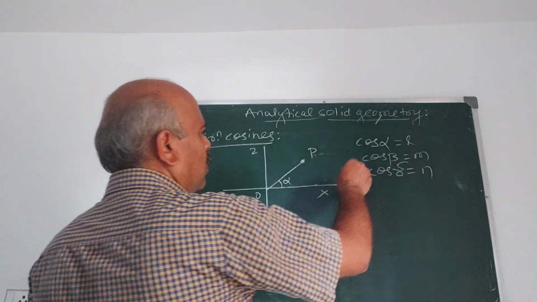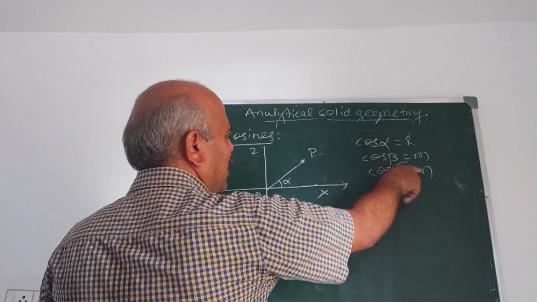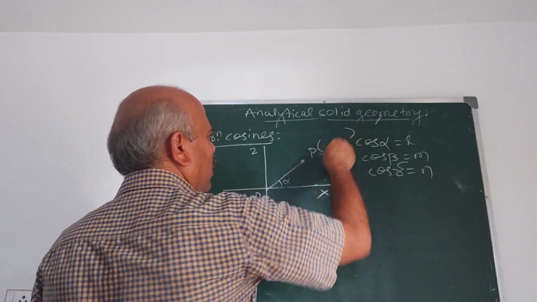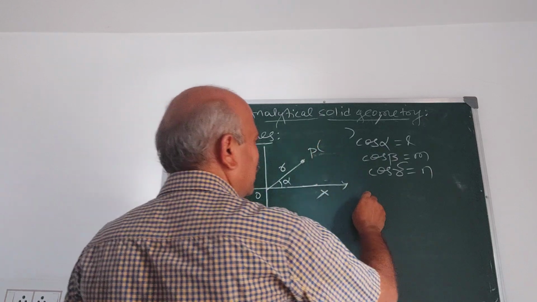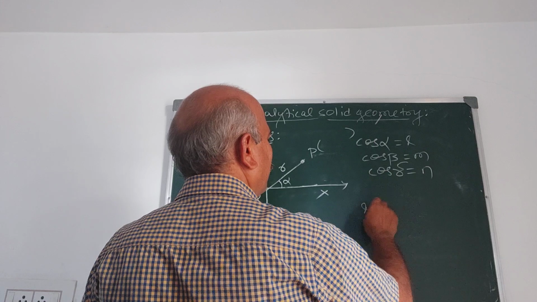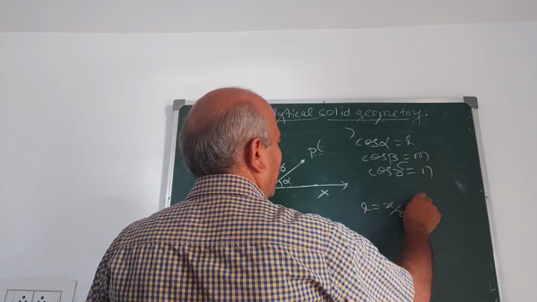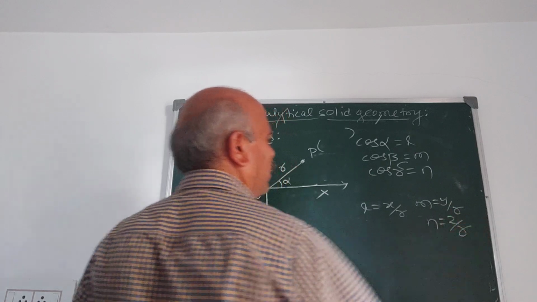Now if l, m, n are the direction cosines of the point and OP is equal to r, then cos alpha, or l, is x by r, m is y by r, n is z by r.